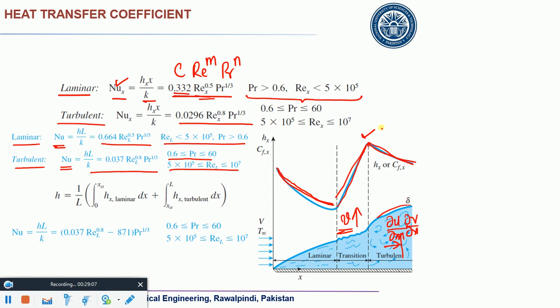Just a minute. Yes, this one. At the turbulent boundary layer, you have the maximum h. Then it drops. Why does it drop? Shazan, why does it drop?